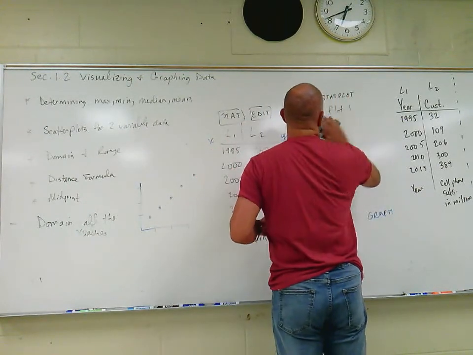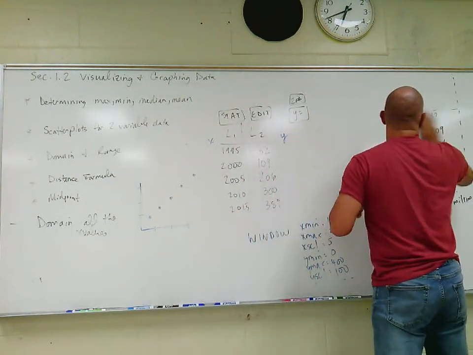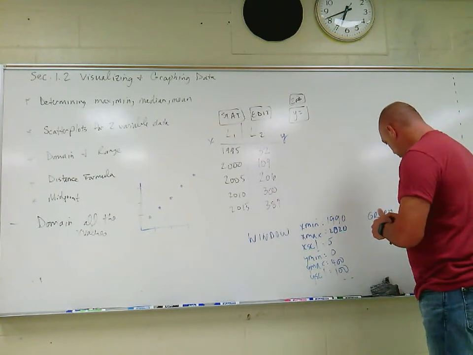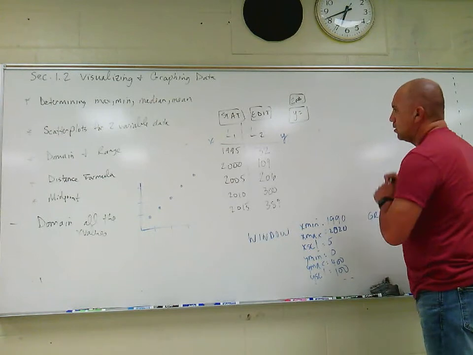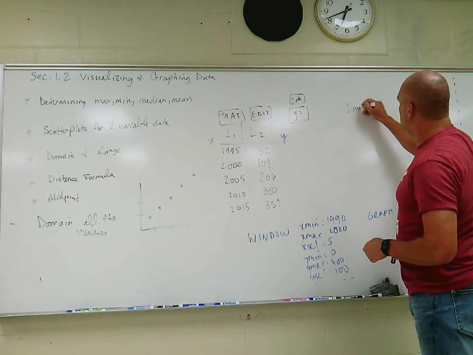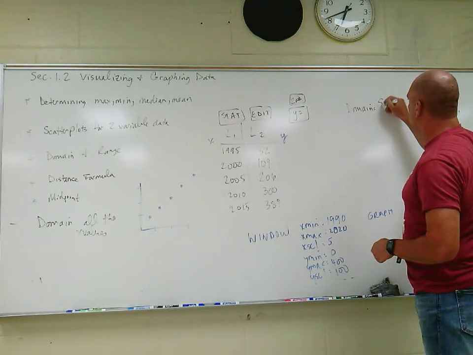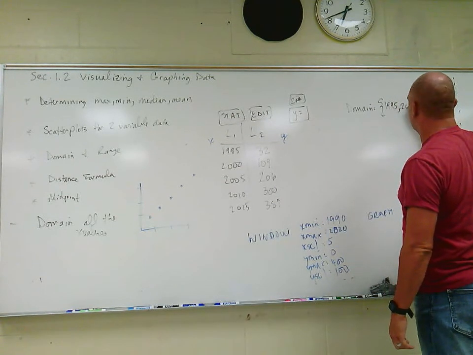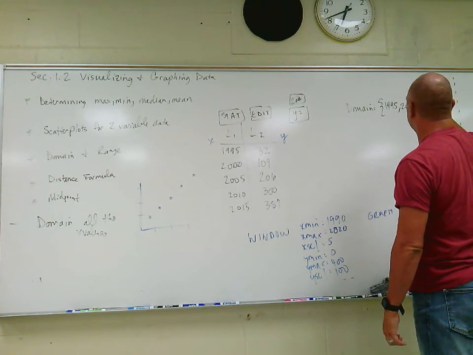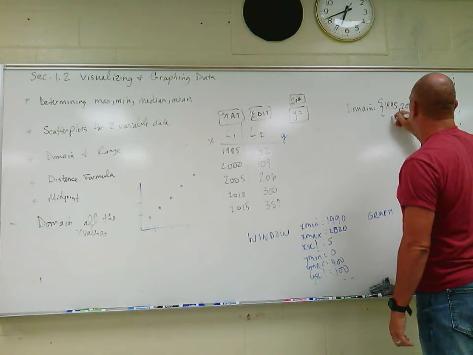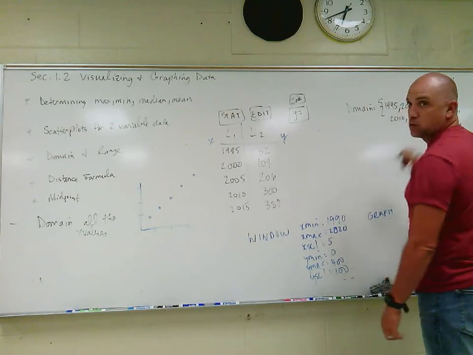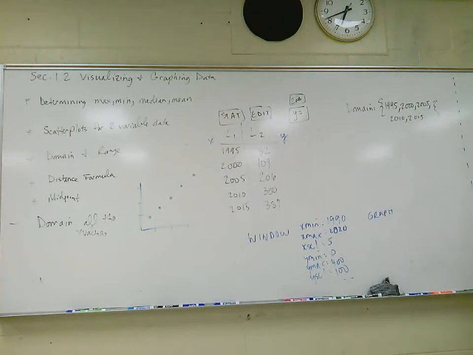For this problem that we just did, the domain would just be the X's that we listed. So you would just put 1995, 2000, 2005, I'm running out of room, 2010, 2015. That's your domain, and you put it in those braces. You'll see the braces pop up.